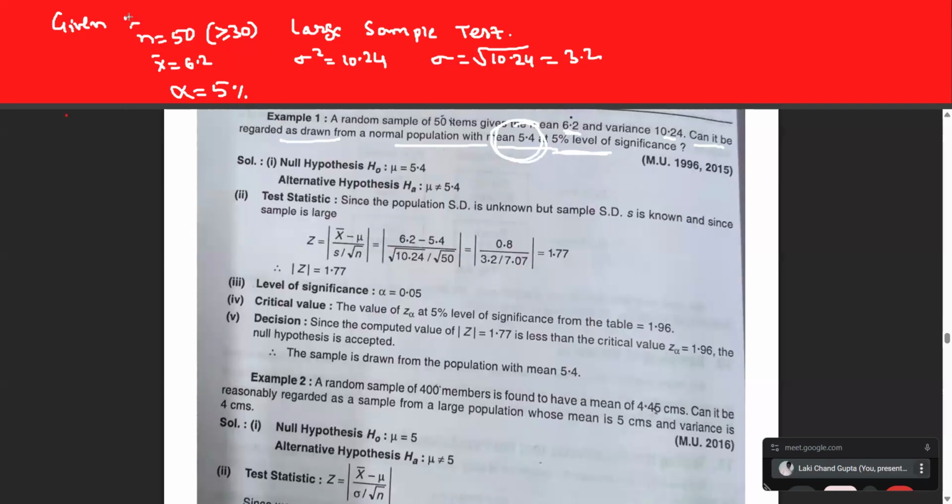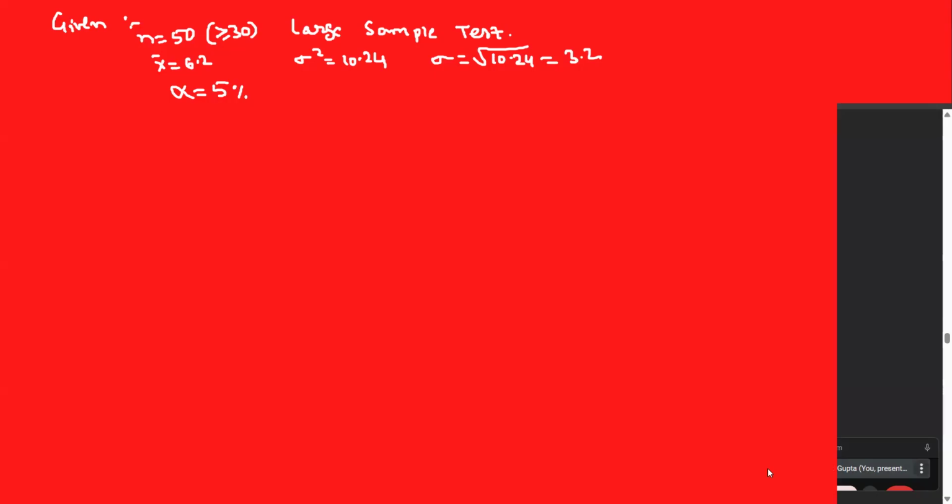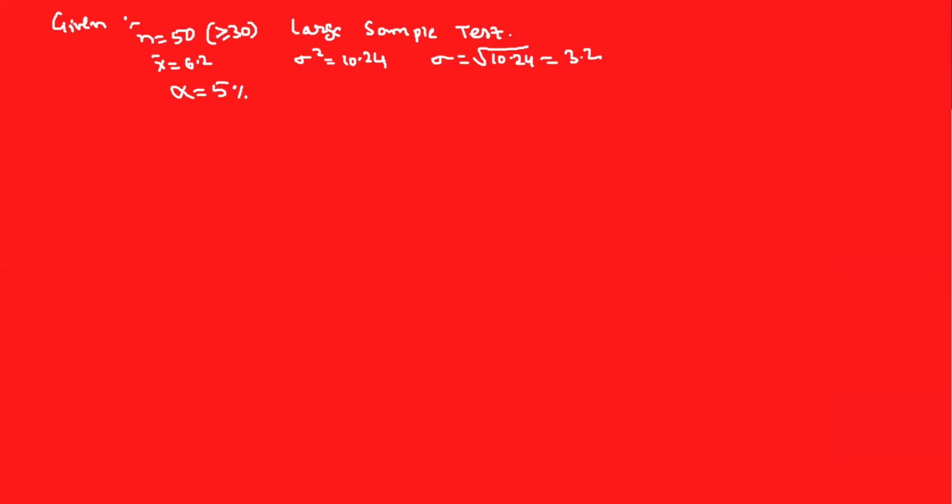If these data are given, can you say that its population mean is 5.4 or not? You can also check by finding its confidence interval. But here no need to find the confidence interval. We will check by hypothesis.